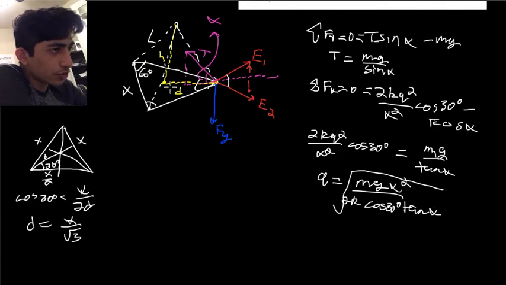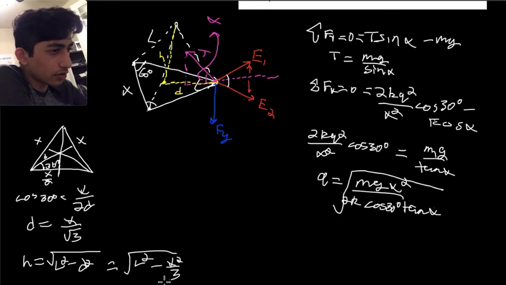To do that, we'll just use the Pythagorean theorem, because we know that this forms a right triangle. We know d and L, and we just have to solve for h. So then h is equal to root L squared minus D squared, which is just equal to root L squared minus x squared over 3.